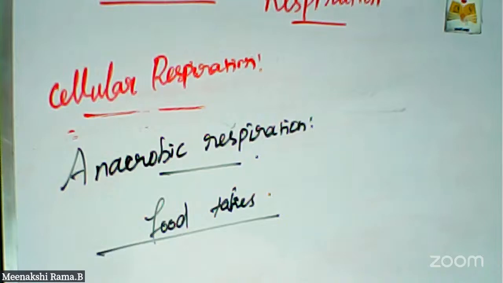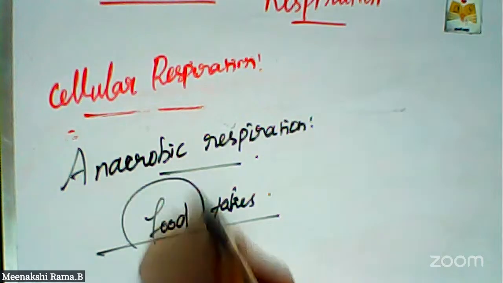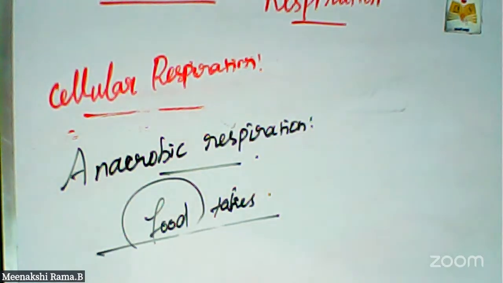Our body organs and their functions each and every minute need this energy to work. So we need energy. The energy we get from the food material, so we are taking different kinds of food materials.